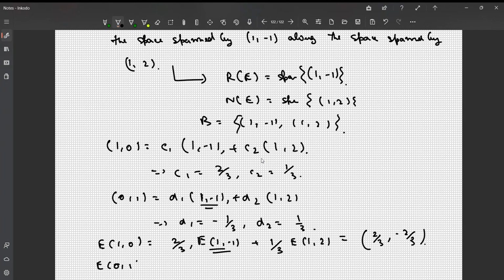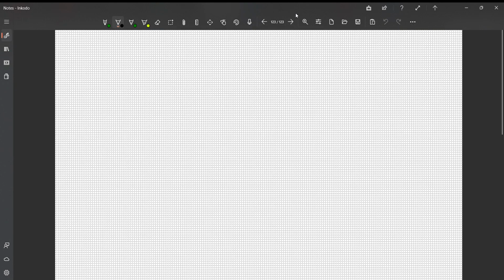Similarly, E of 0, 1 will be minus 1 by 3 times 1, minus 1, which is minus 1 by 3, minus 1 by 3, plus 1 by 3. And that's everything for you, because if you now choose any element from R2, so let alpha be in R2, then alpha has a certain linear combination alpha 1 e1 plus alpha 2 e2.